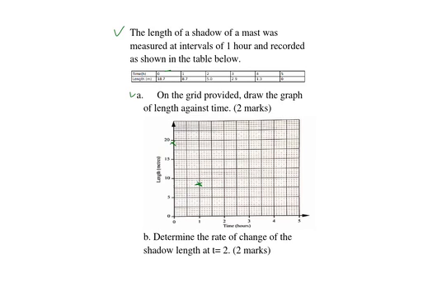You mark. When time is 2 hours, we have 5. So we mark at 5. When time is 3 hours, the length is 2.9. 2.9 will be somewhere above 2.5 and less than 5.